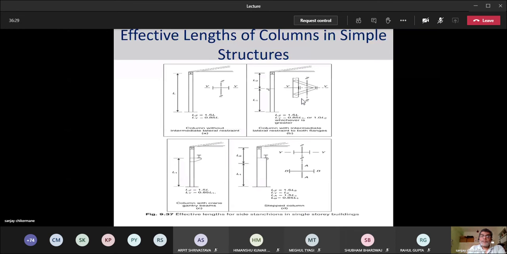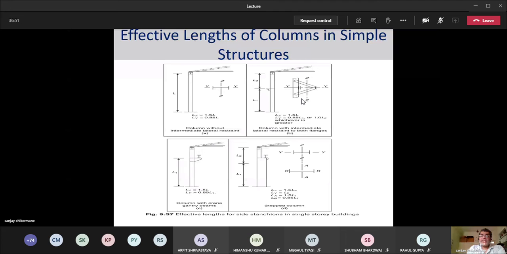Now, on the other hand, if you have columns with intermediate lateral restraints to both flanges, in the Ly direction it will be 0.85 L1 or 1.0 L2, whichever is lower. And again, this makes sense.